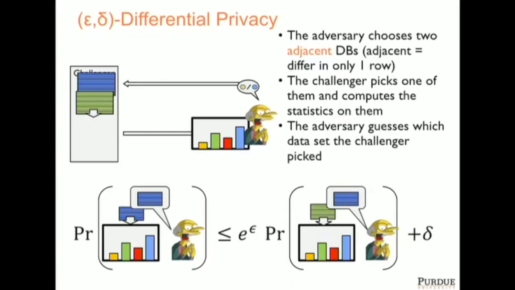In principle, it means that he can never be sure that what he has guessed is the correct answer. There is some kind of deniability always available to the challenger, saying that no, you are wrong, with this particular probability, which is bounded and provided by this e to the epsilon factor.